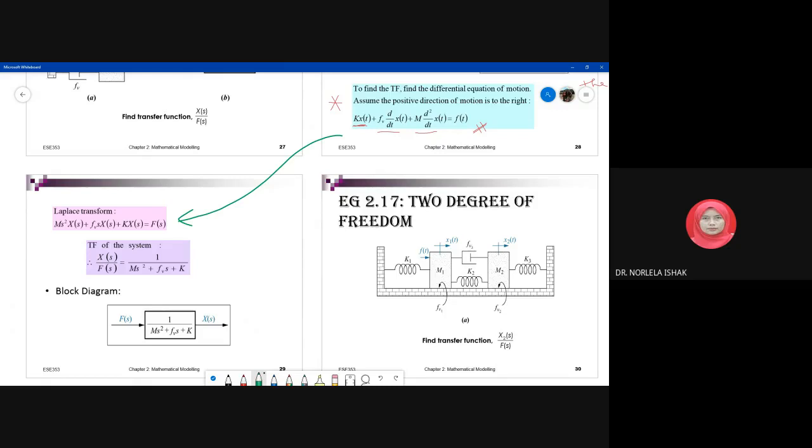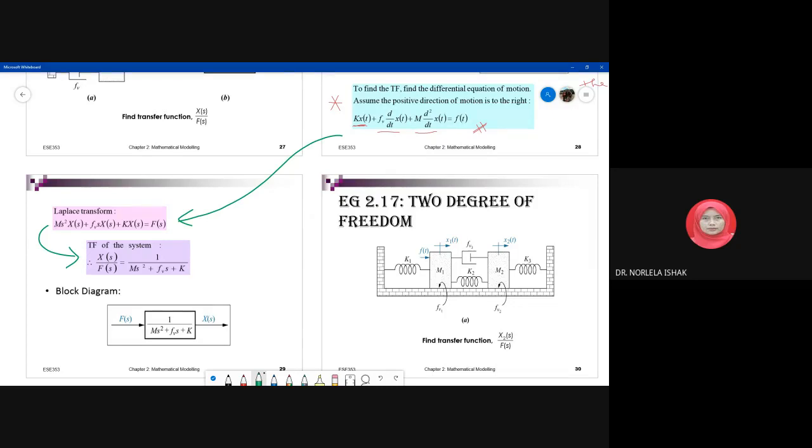From this equation, we derive the transfer function. X is our displacement, the output, over force, the input, equal to 1 over Ms squared plus Mvs plus K.